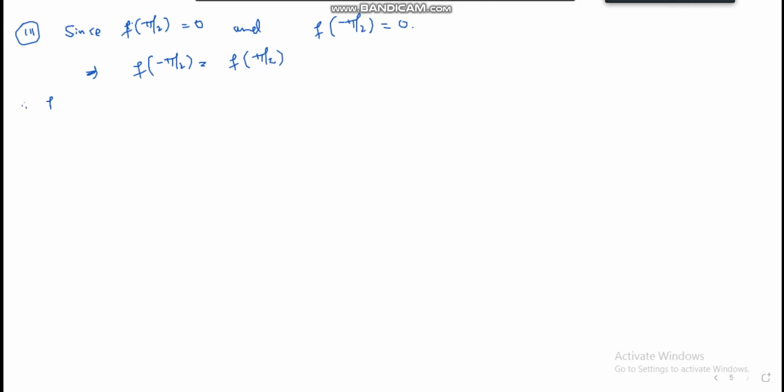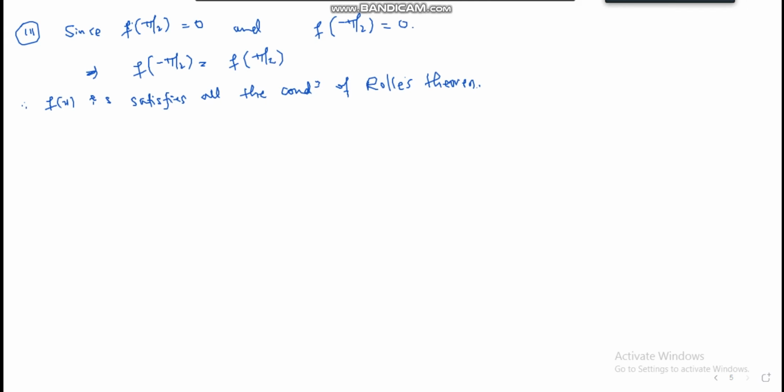Therefore f of x satisfies all the conditions of Rolle's theorem.